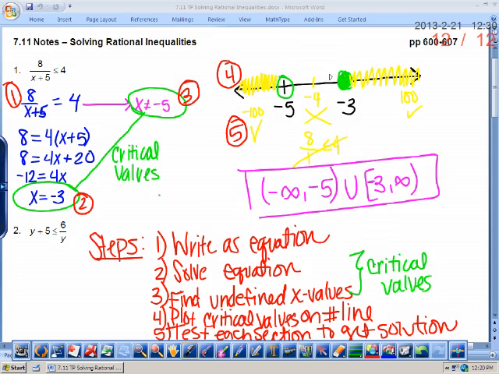What do you mean, one of them? Like, one value. I guess potentially you could just have one critical value, but we'll probably have 2 and more. So if there's more than one undefined x value, are you... Mm-hmm. And we'll see an example of that in just a second. All right, everyone have the steps that wants them?